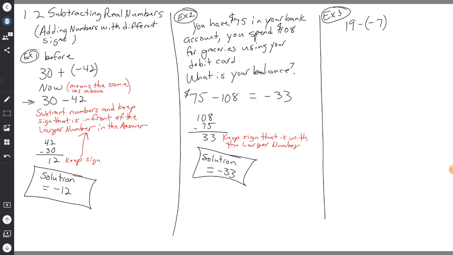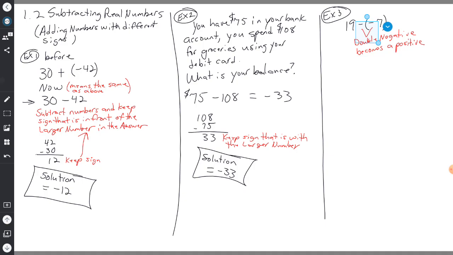Because we have parentheses here, this double negative becomes a positive, right? That's the rule. Whenever we have two negatives directly on each other without another number in between them, it becomes a positive.